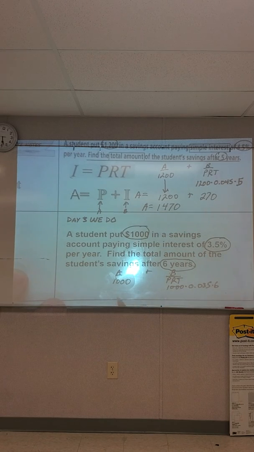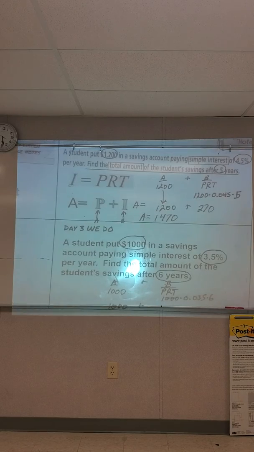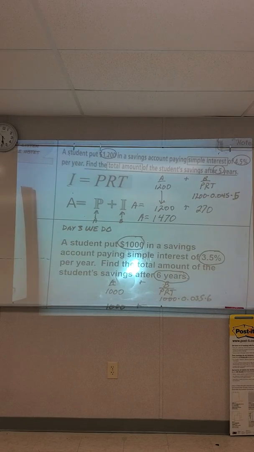So what we'll have is our principal plus $210, and that's going to give us our amount of $1,210.